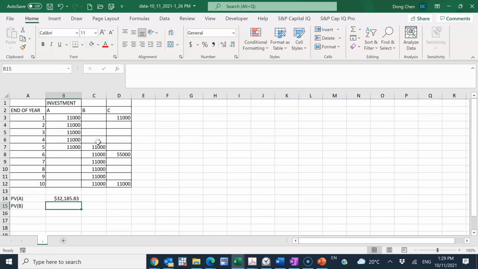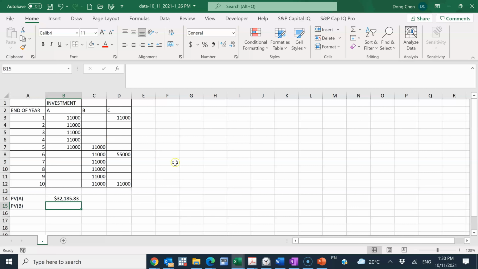So strictly speaking, this is not an annuity, because an annuity requires every year to have the same cash flow, such as in investment A. In investment B, only year 5 through year 10 has constant cash flow, while year 1 through year 4 has zero cash flow. But that doesn't mean we cannot use a strategy that takes advantage of the present value formula for the annuity to work out the solution for this investment.